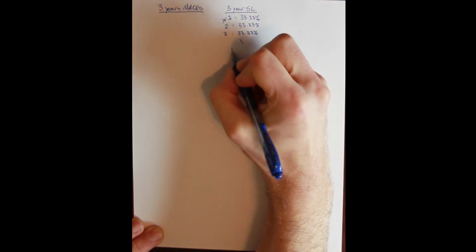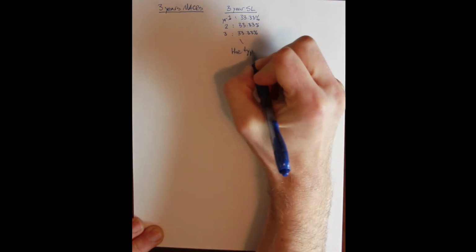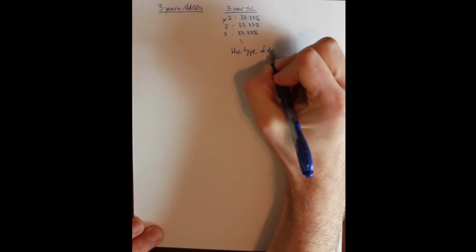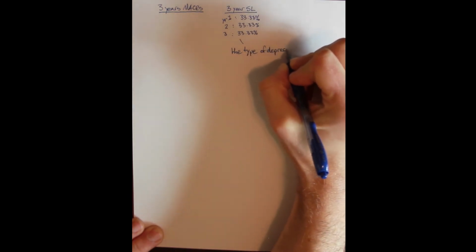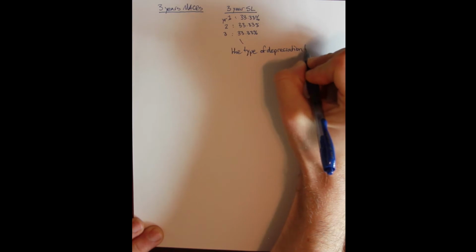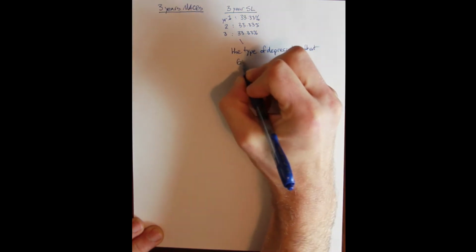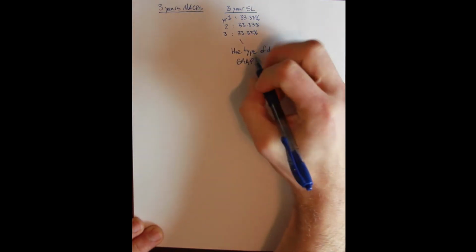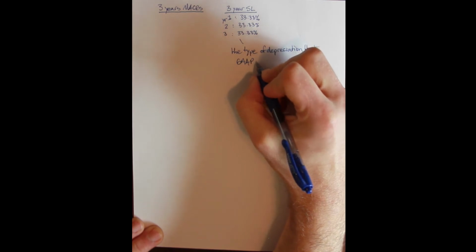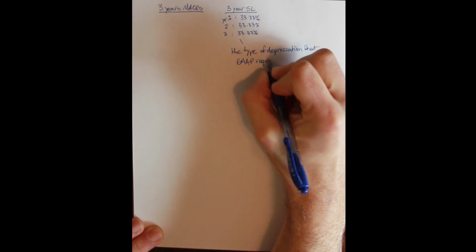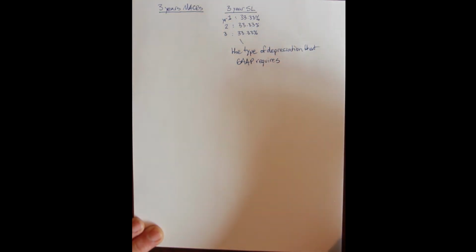Now, straight line is the type of depreciation that GAAP rules require, where GAAP is the generally accepted accounting principles. These are the guidelines in the US for accounting statements.